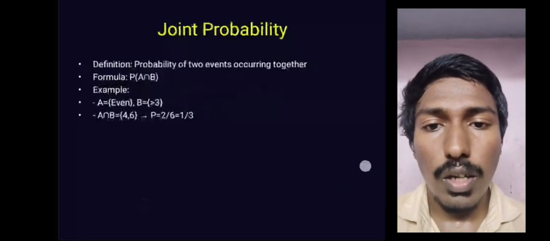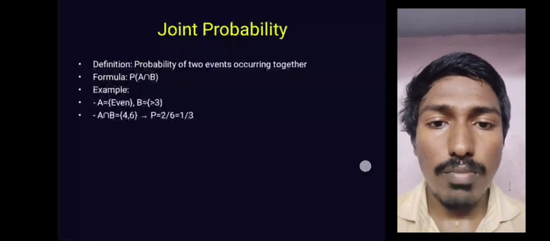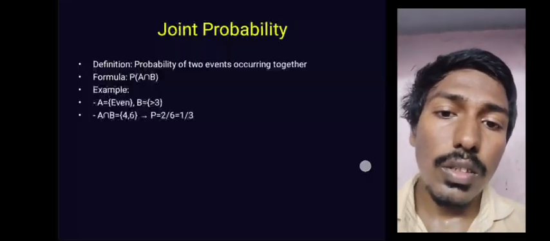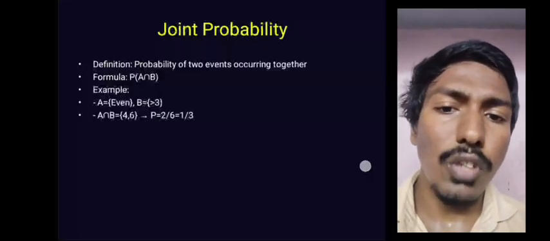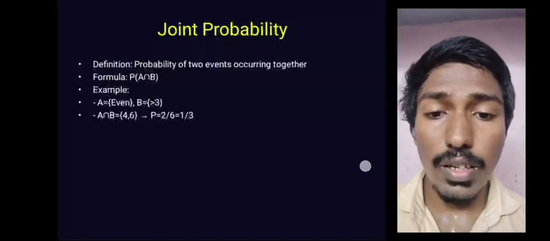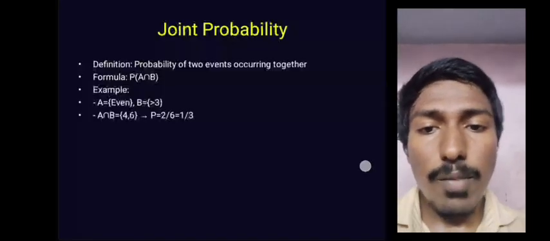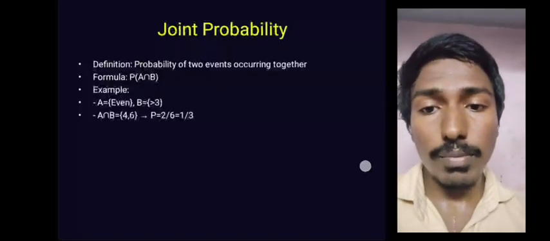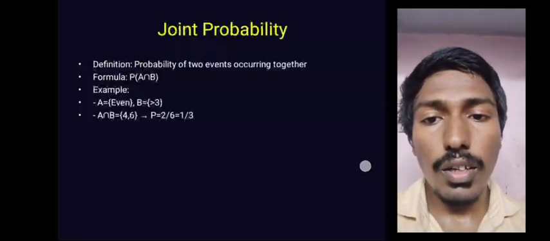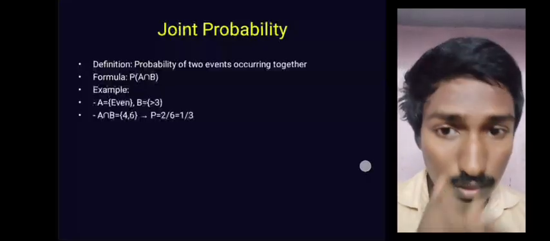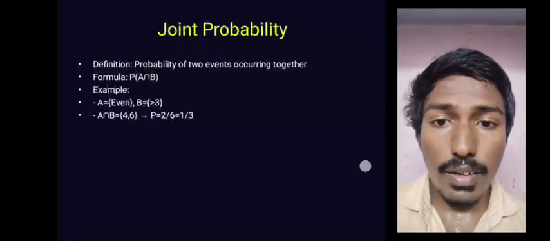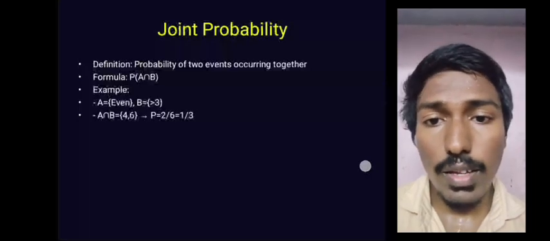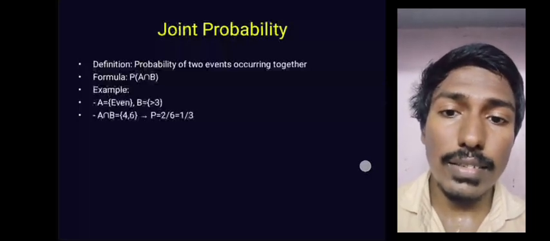Joint probability. This is the probability of events occurring together, that is, both events occur. For example, let A be even in a roll of a die and B be greater than 3.